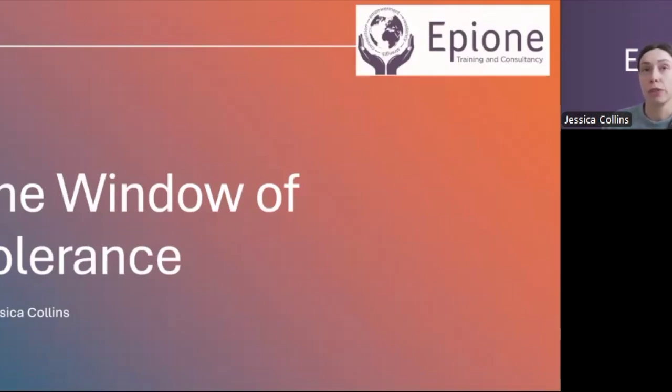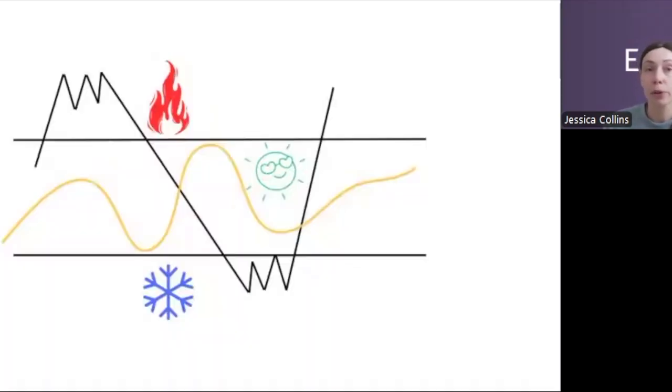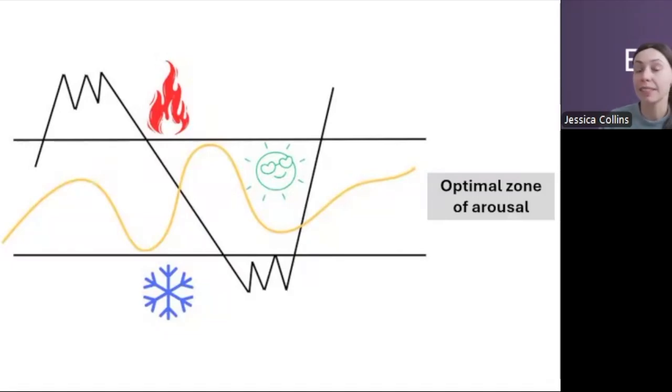So what is the window of tolerance? This is a model that was developed by Dr. Dan Siegel, and the window itself describes the person's optimal zone of arousal. So it's a state of regulation within the mind and body where a person can function at their best. When someone is within their window, they can handle stress, they can engage with other people, they can think relatively clearly, and they can feel their emotions without becoming overwhelmed.